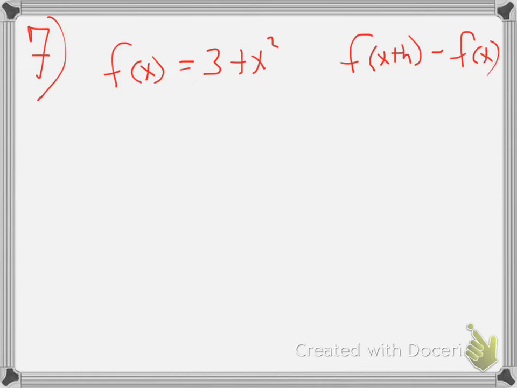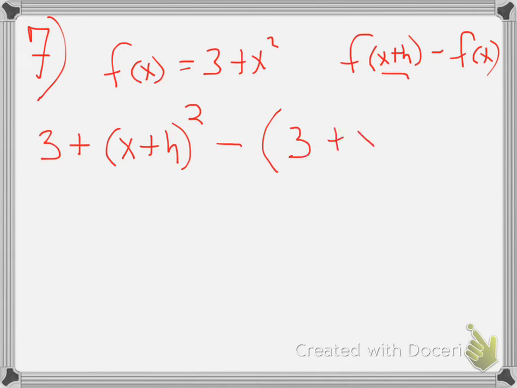Given f of x equals 3 plus x squared, it says to find f of x plus h minus f of x. Well, what this tells me is that wherever I see an x, I'm going to put an x plus h. So I'm going to have 3 plus x plus h squared minus what f of x equals, and that's 3 plus x squared.